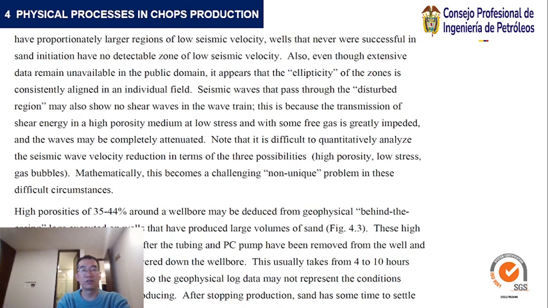Seismic waves that pass through the disturbed region may also show no shear waves in the wave train. This is because the transmission of shear energy in a high porosity medium at low stresses and with some free gas is greatly impeded, and the waves may be completely attenuated.